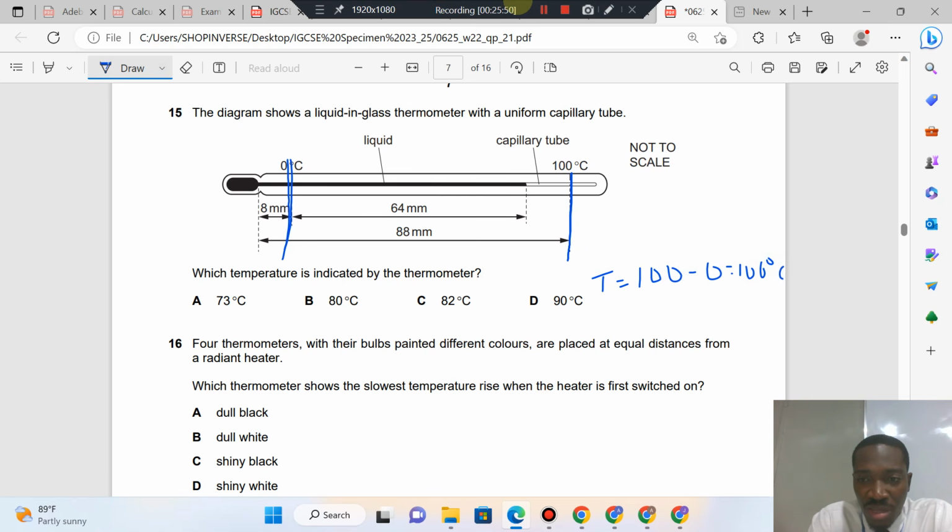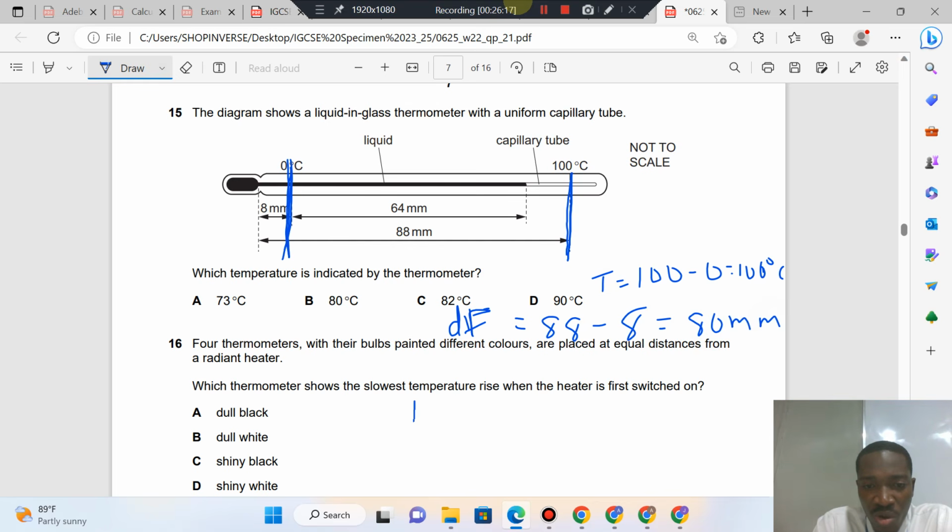Now let's look at the length of mercury. At 100 degrees Celsius, we have 88 millimeter. At 0 degrees Celsius, we have 8 millimeter. So the distance for the fundamental interval would be 88 millimeter minus 8 millimeter. That will give us 80 millimeter.